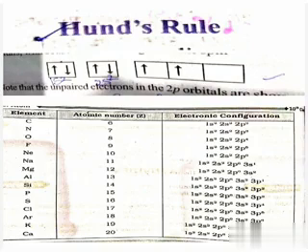Carbon is one of the elements, its atomic number is 6. What is its electronic configuration? Its electronic configuration is 1s2 2s2 2p2. The first electron enters the 1s orbital and the second electron pairs with the first electron in the 1s orbital.